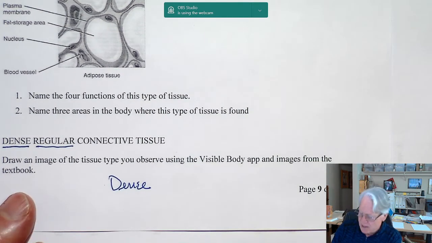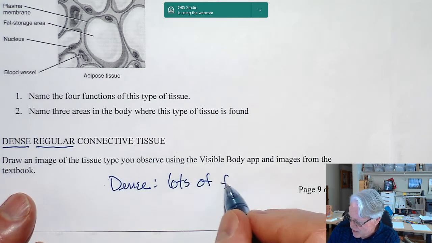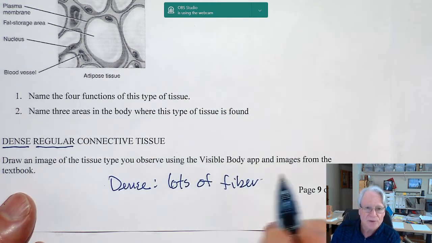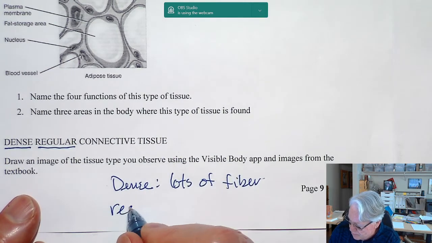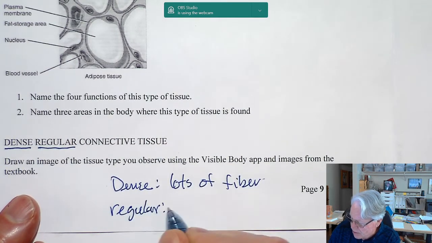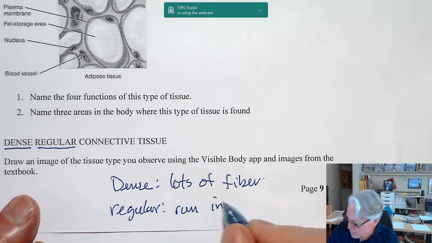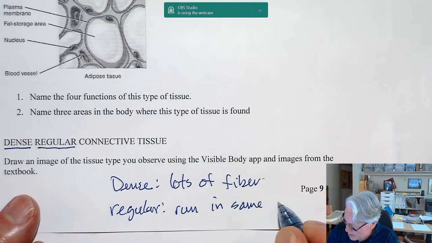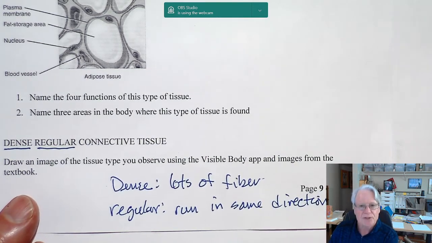There are a lot of fibers. So lots of fibers. Very densely packed with fibers. Okay. And the word regular means they all run in the same direction. They're all lined up parallel to each other.